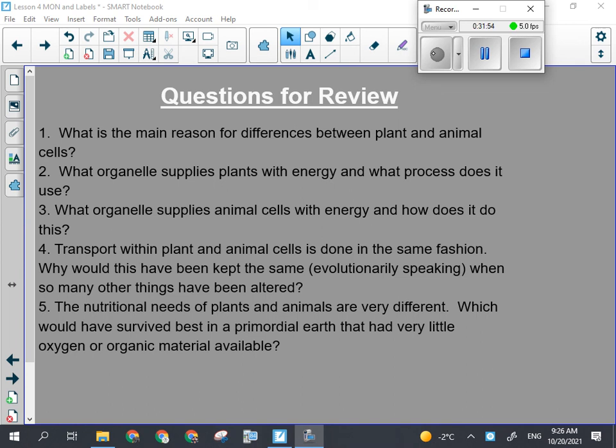All right, number 4, transport within plant and animal cells is done in the same fashion. Why would this have been kept the same, evolutionarily speaking, when so many other things have been altered? It has nothing to do with the modes of nutrition, so it's able to be kept the same. Okay, that is true.